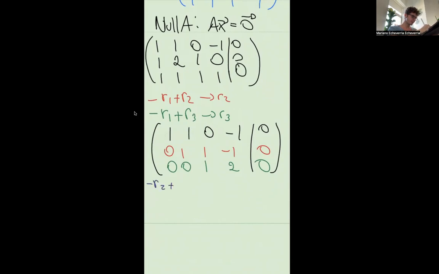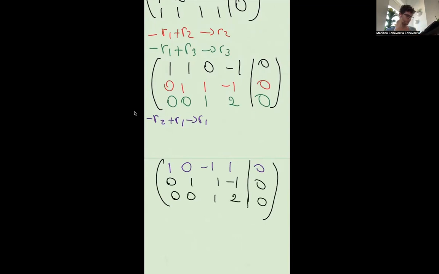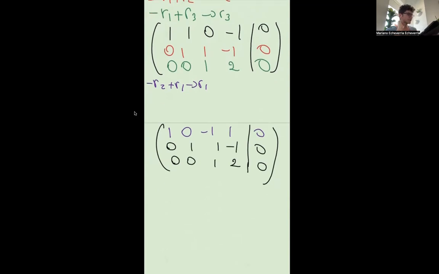So let's do minus row 2 plus row 1 into row 1. And then we're almost done, right?